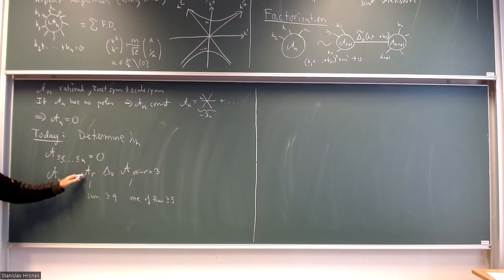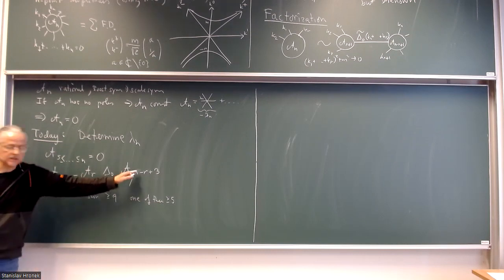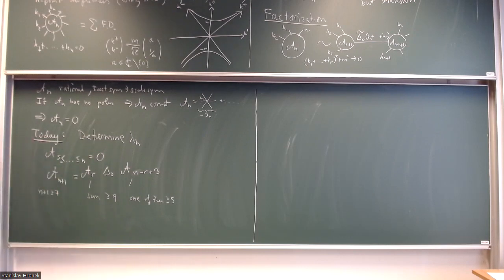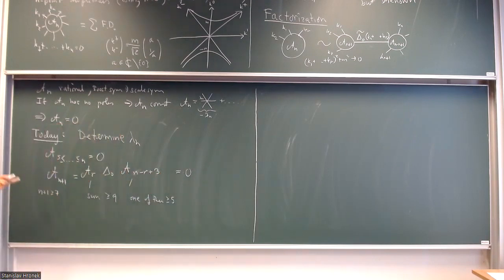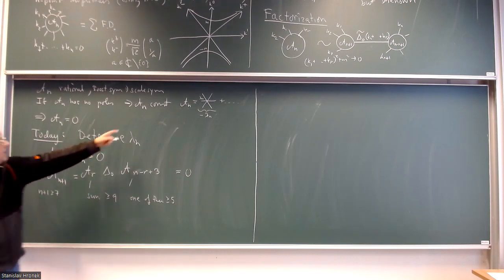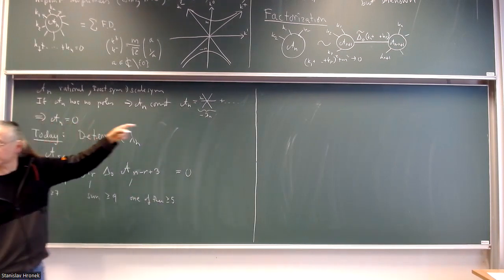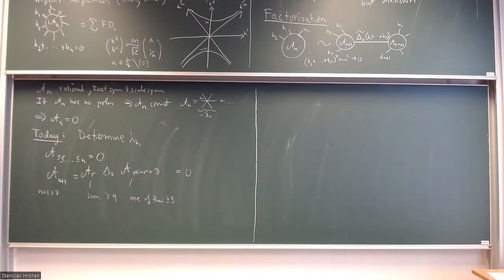Except some of them could be a 3 and a 4, which is non-zero. So we have to make sure that at least one of them is a 5 or a 3. But then we can use this answer to prove that this is actually 0 and it doesn't have any poles, and therefore we can shift lambda n so it becomes 0. So that's the idea. Does that make sense?